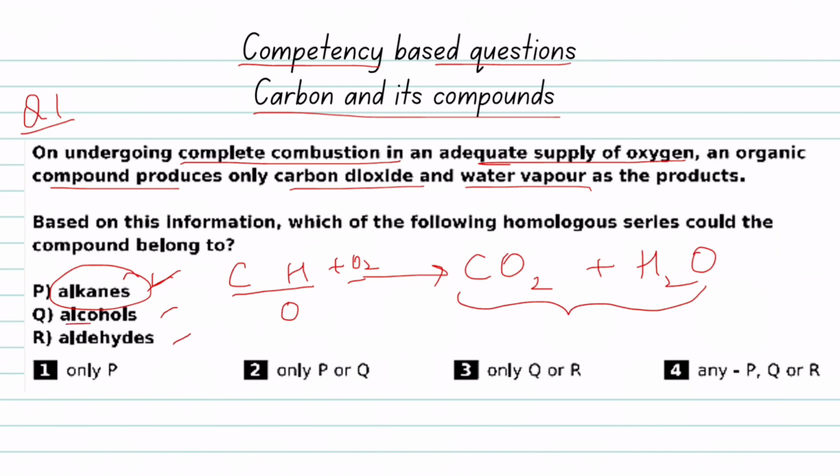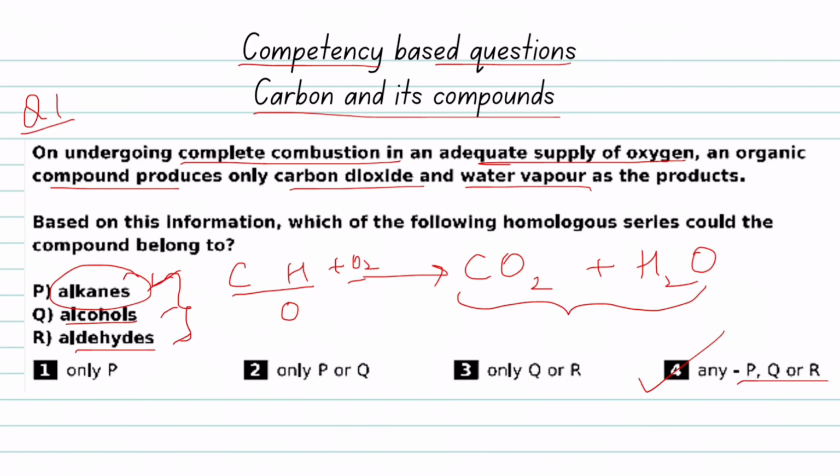Alcohols have just carbon, hydrogen and oxygen. Even aldehydes have just carbon, hydrogen and oxygen. So all three of them can produce only carbon dioxide and water upon complete combustion. So our answer is PQR, all three of them.